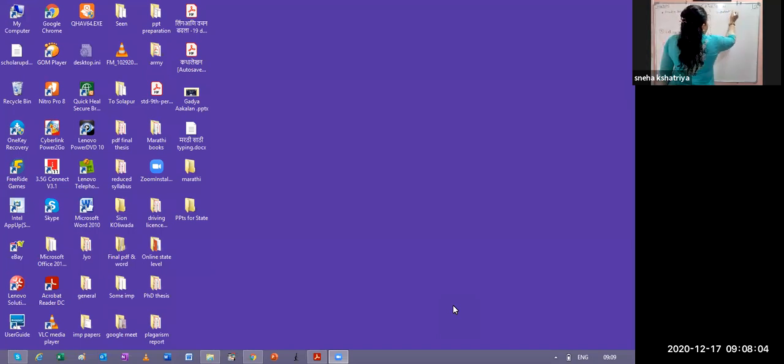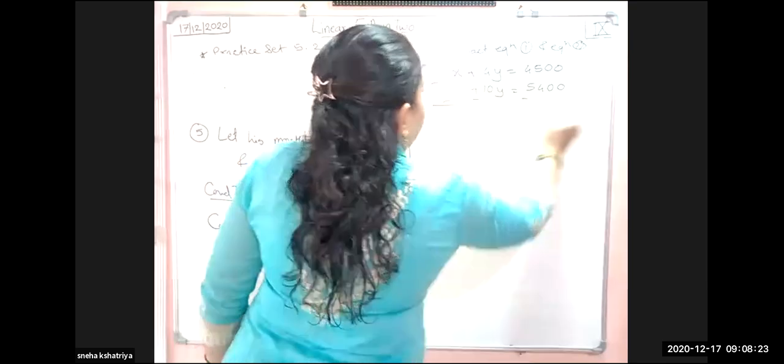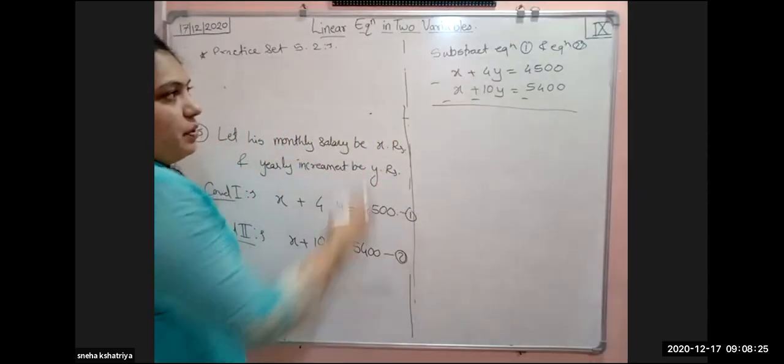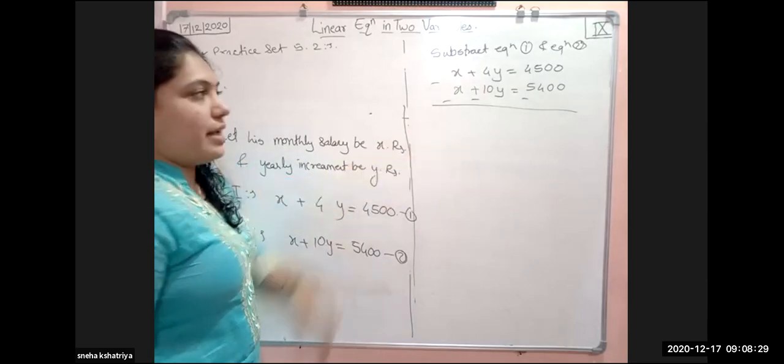Subtract equation 1 and equation 2. So what we are having: x plus 4y is equal to 4500 and x plus 10y is equal to 5400. This is subtraction, minus minus minus. All your signs get changed because whenever subtraction is there, all the signs of the next equation get changed.